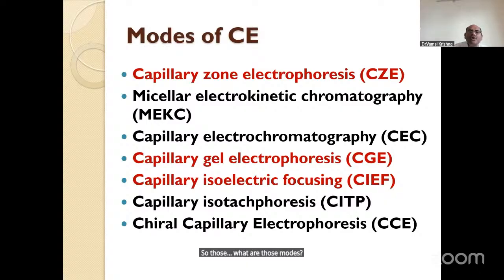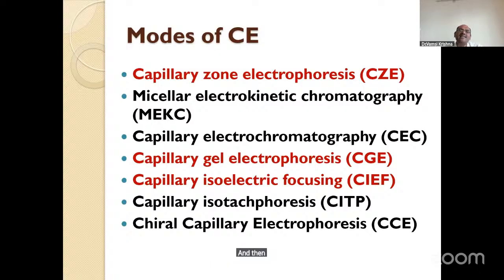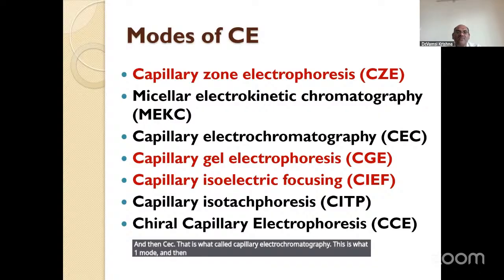Those are capillary zone electrophoresis, that is one type of mode. Then micellar electrokinetic chromatography, called MEKC. Then capillary electrochromatography, called CEC. Then capillary gel electrophoresis, another mode of capillary electrophoresis.